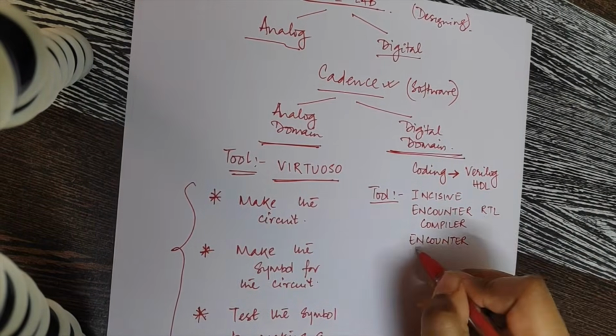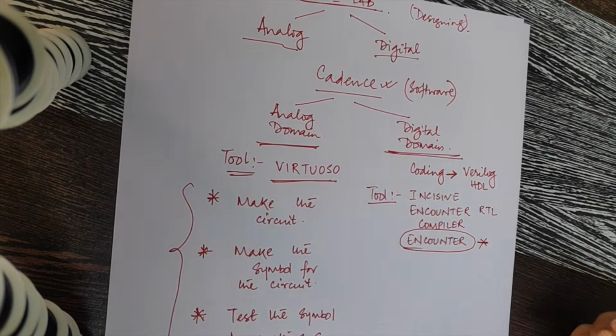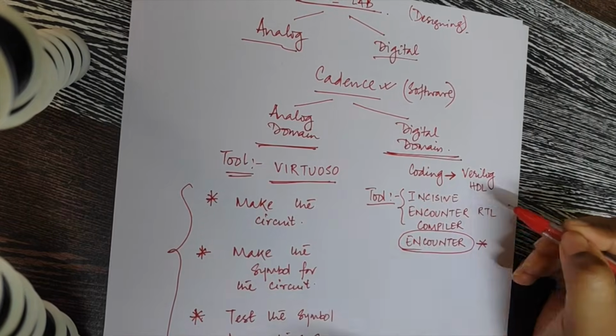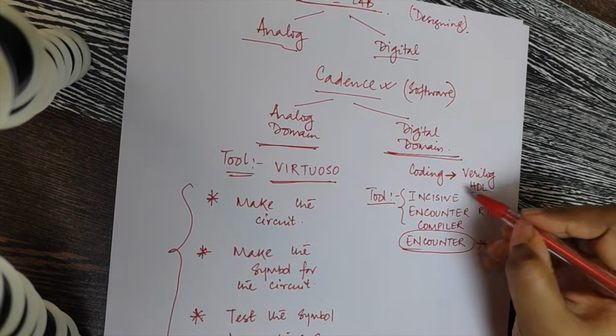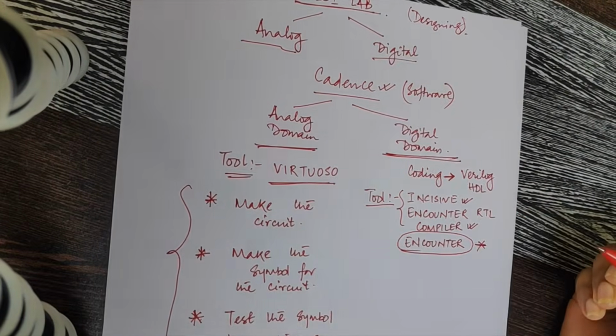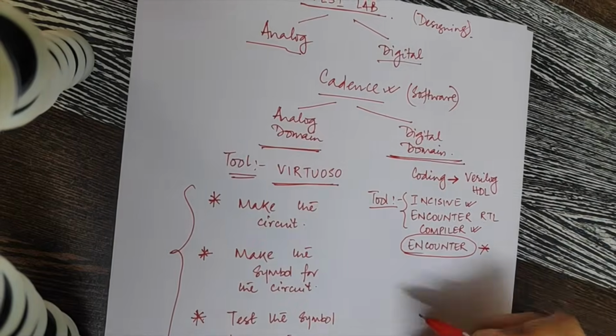But according to your syllabus, the third tool is not required. So you are going to deal with two tools under digital: Incisive, and the second one, Encounter RTL Compiler.